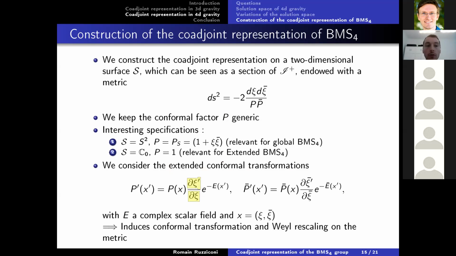First, you have the conformal coordinate transformations that induce some Jacobians in the transformation of this P. And you have this complex Weyl rescaling here, because a complex function is involved in this transformation. This transformation on P will of course induce the analogous transformation on the boundary metric.